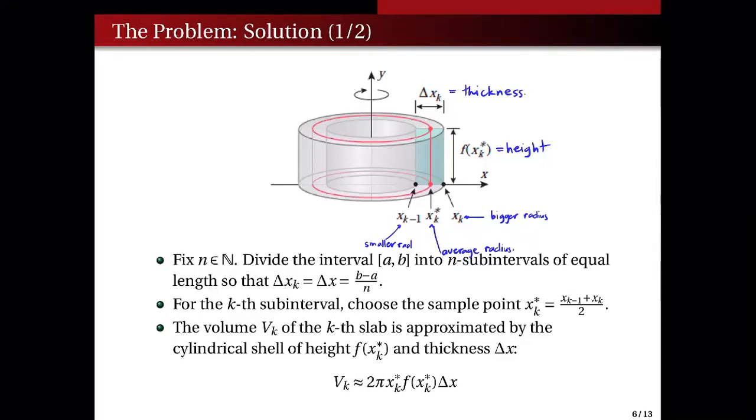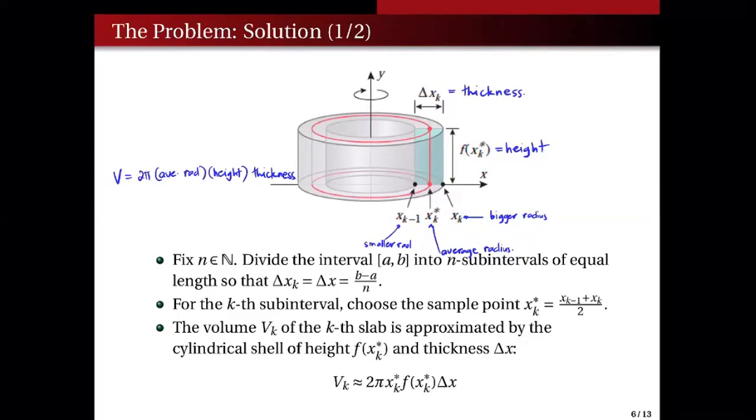So if we do that, remember, V equals 2 pi times average radius times height times thickness. And that's precisely this. We have the 2 pi, the average radius, the height, and the thickness.